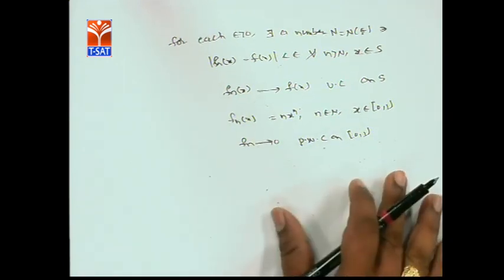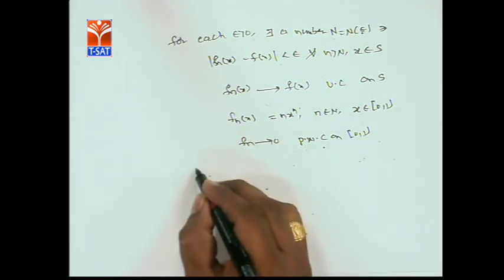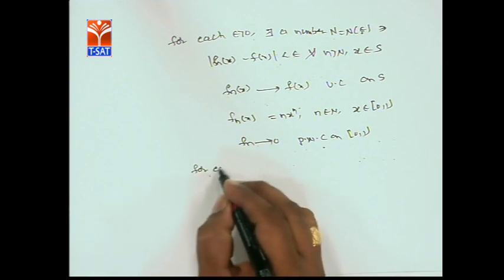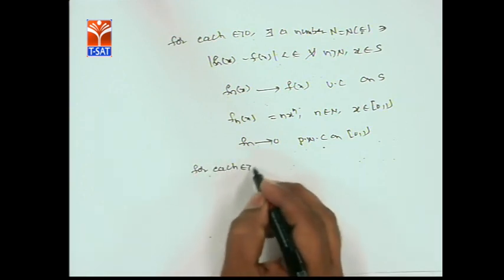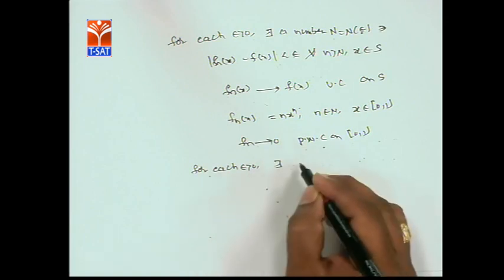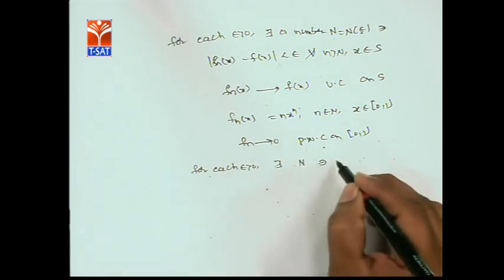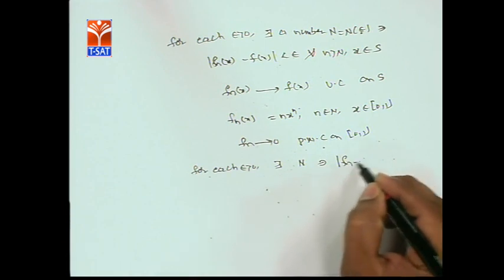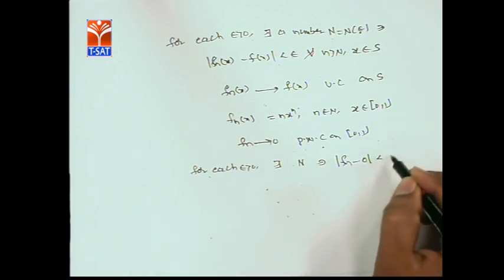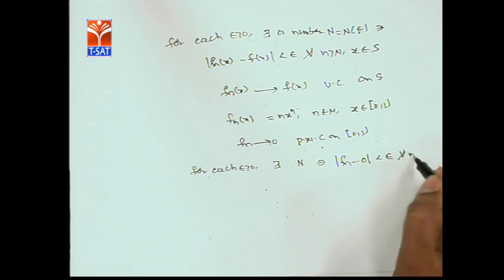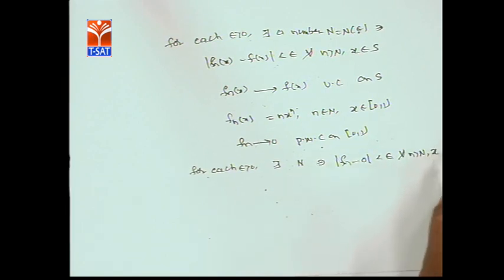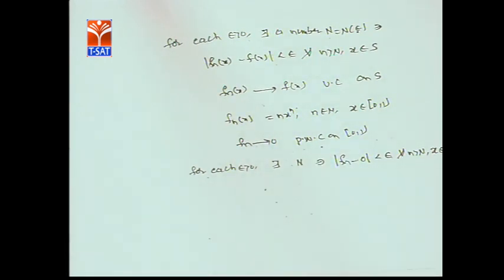Uniform means by definition, for each epsilon greater than 0 there exists a number N such that |fn - 0| less than epsilon for all n greater than N and x belongs to [0,1).